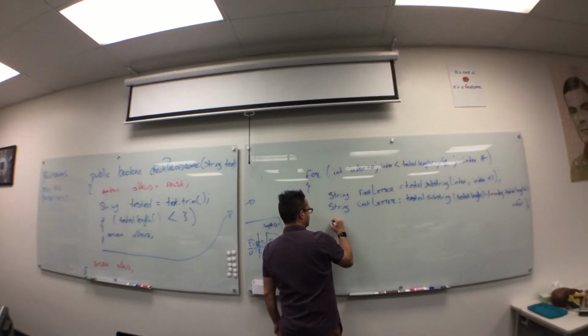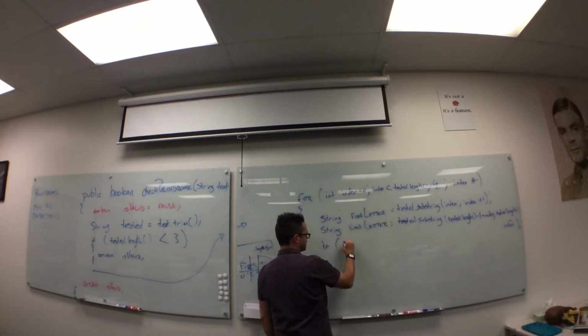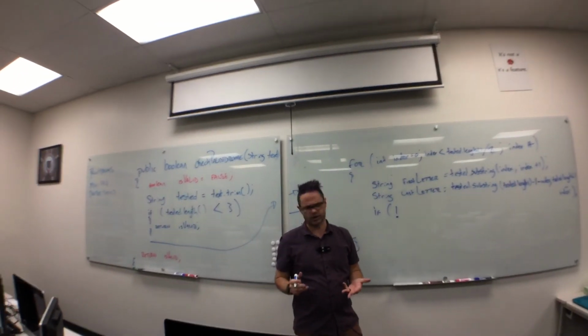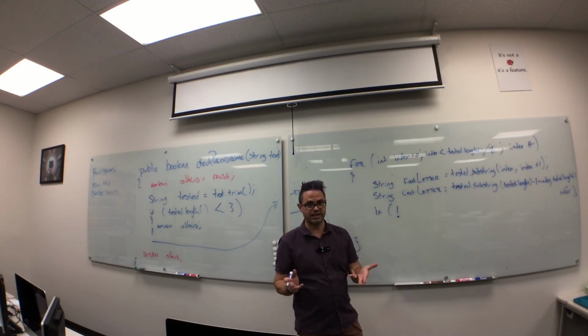So we're going to go if, and then parens, and we're going to do a not right here, because if we don't have a match, we don't want to do anything. So if they don't match, we're going to leave again.